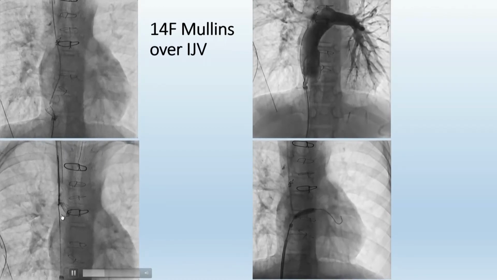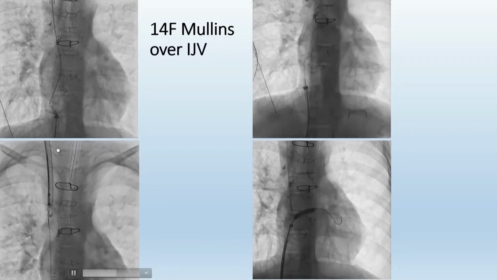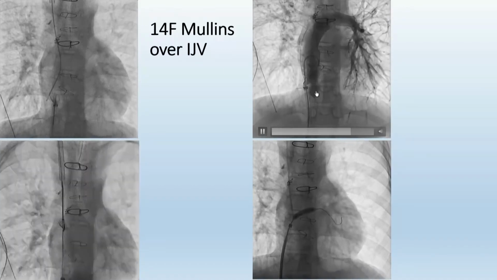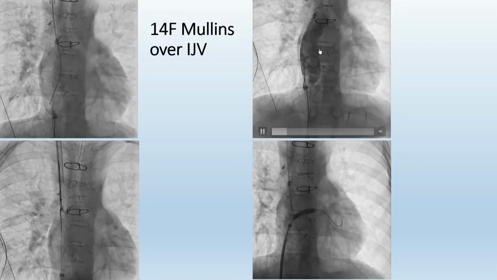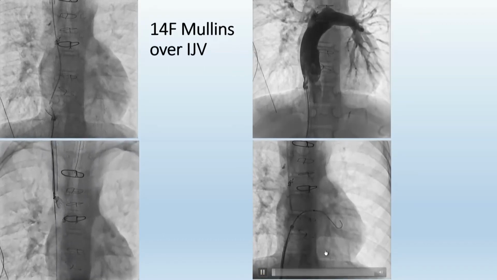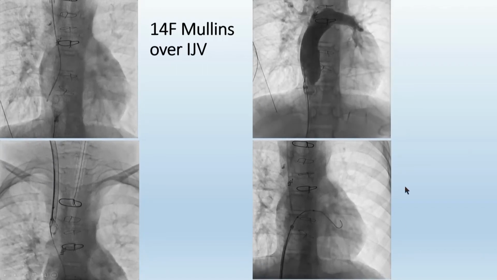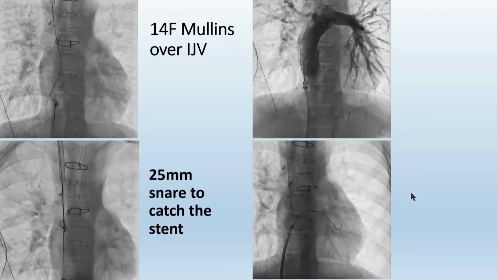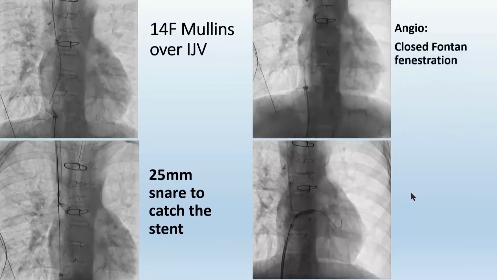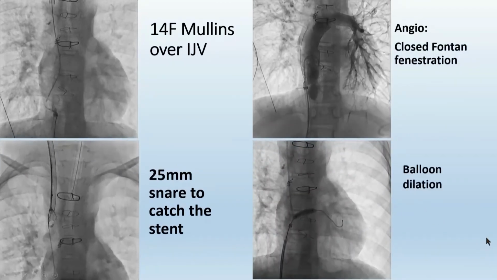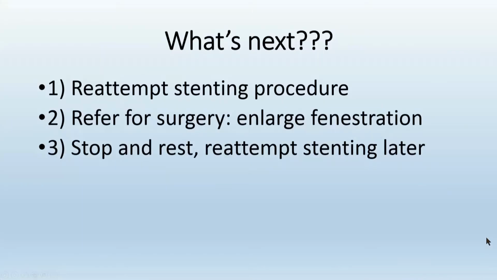So this one, okay, caught and released. All right, so now you did the pictures. There's hardly any fenestration, so I try to re-balloon the fenestration. But you know that balloon will not help the fenestration.